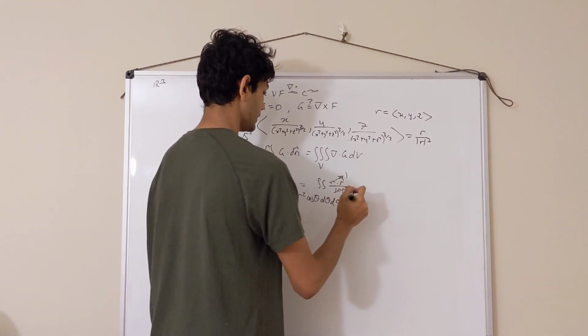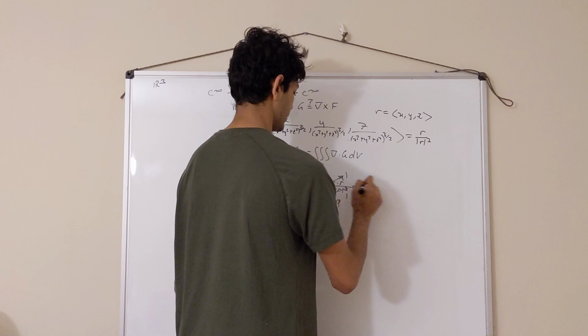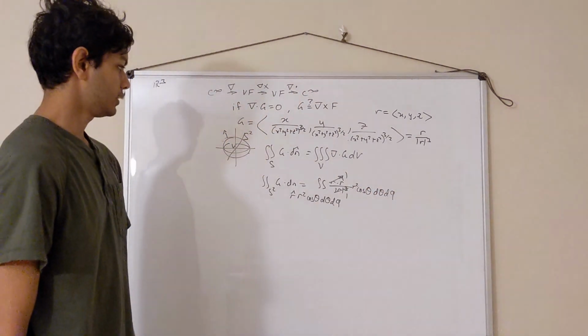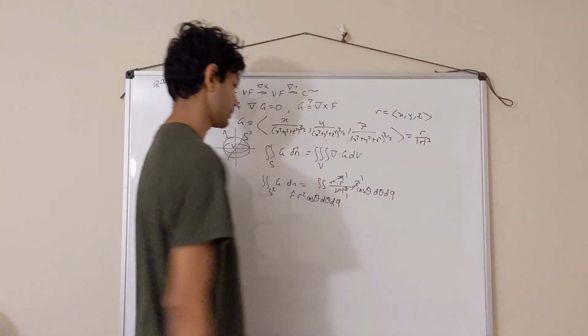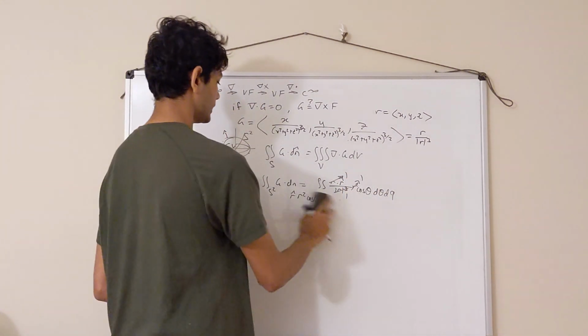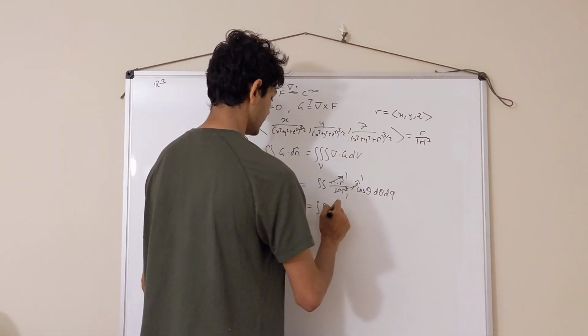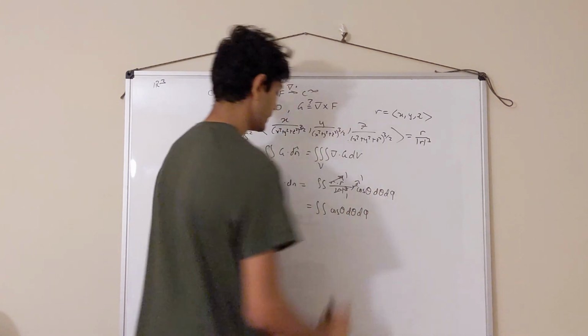Again, this is just equal to 1 times cosine theta r squared cosine theta d phi. And again, r is equal to 1 in this case because we're looking at the unit sphere, and so this will also become 1. So what we're looking at here is the double integral of cosine theta d phi.